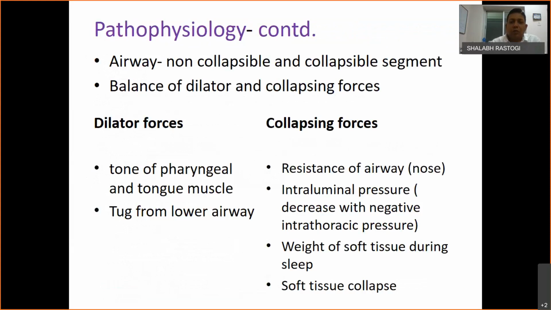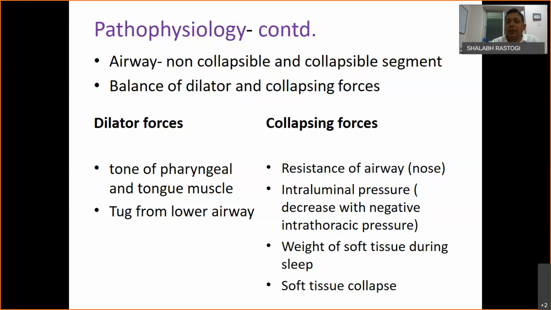So what is the pathophysiology for this? The airway is a mix of collapsible and non-collapsible segments. The nose and the larynx are non-collapsible, whereas the pharynx is a muscular tube. It's a collapsible segment. So there is a balance between the dilator and the collapsing forces, which are acting throughout the day. What are the dilator forces mainly acting? It's the tone of the pharyngeal and tongue muscles and the tug from the lower airway.